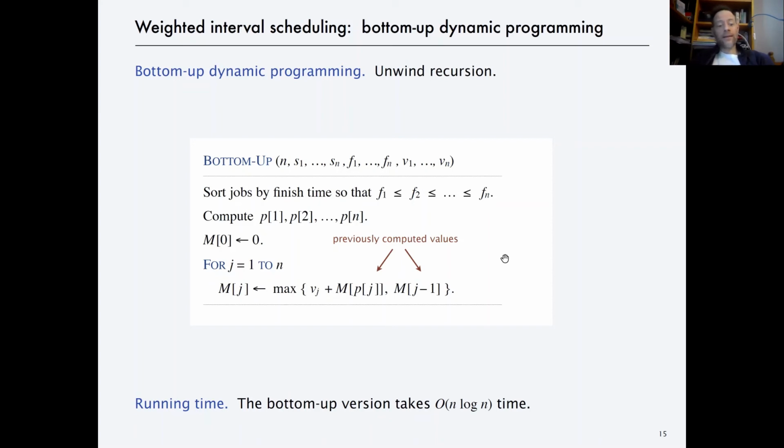When we know the value of opt 1, then we can compute opt 2, and so on. By ordering from the earliest finish time to the latest finish time, and then computing in that order, we know that we're guaranteed to always have computed the value we need, because we're only looking to the left, so to speak, in this order.